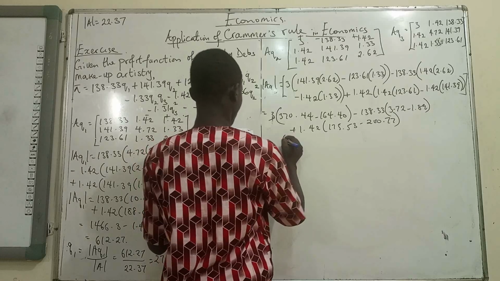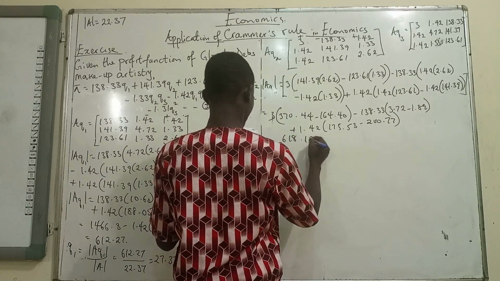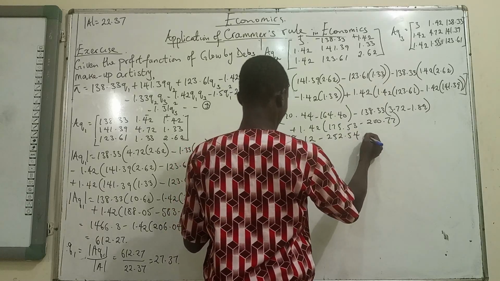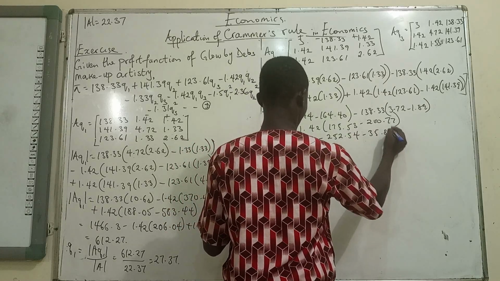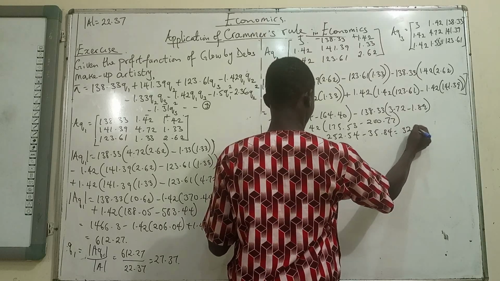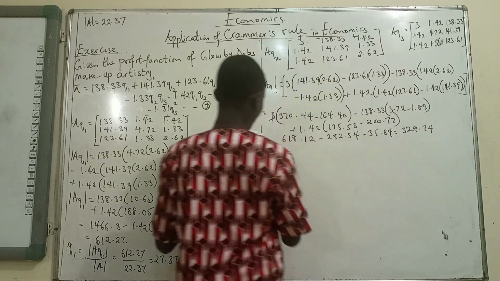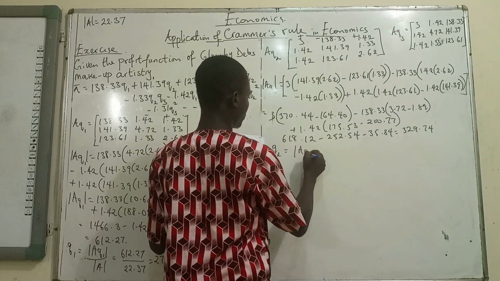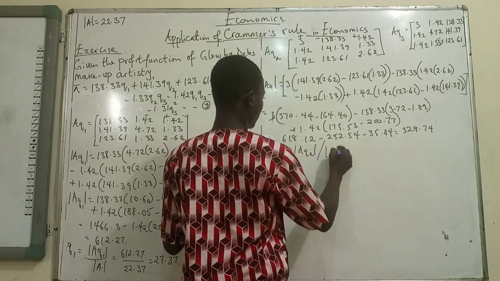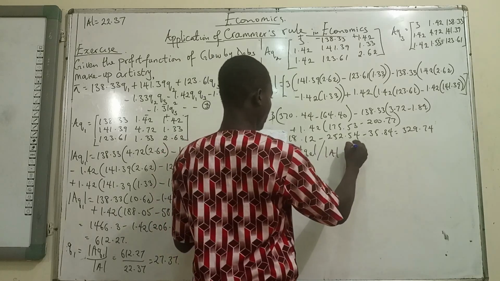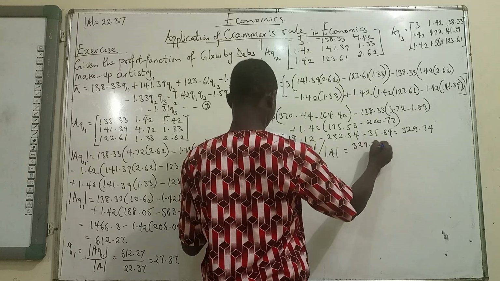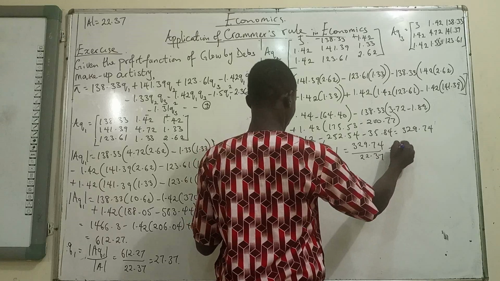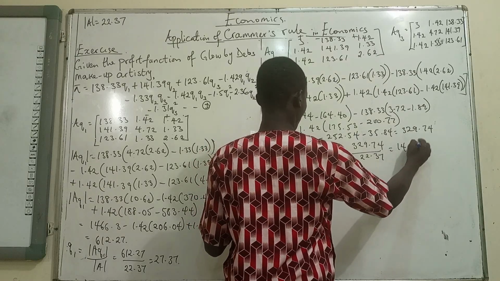So we have 618.12 minus 252.54, then minus 35.84. So everything is equal to 329.74. So how do we get Q2? You write the formula please: determinant of AQ2 divided by the determinant of A, which is going to be 329.74 divided by 22.37, and that's 14.74 approximately.